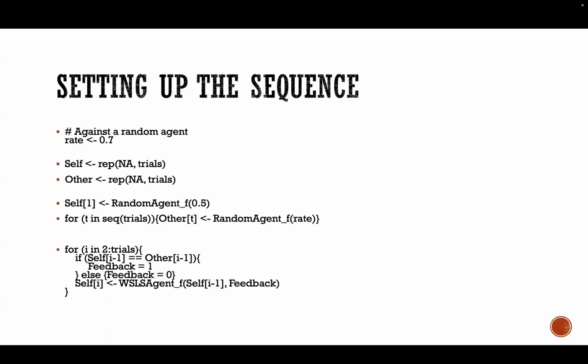Otherwise, the feedback is 0. And then the choice is defined by the win-stay-lose-shift agent function with the previous self choice and the feedback. Does that make sense? Okay. Please ask if you have questions. There's no stupid question, right?